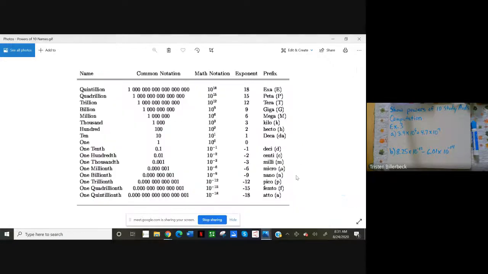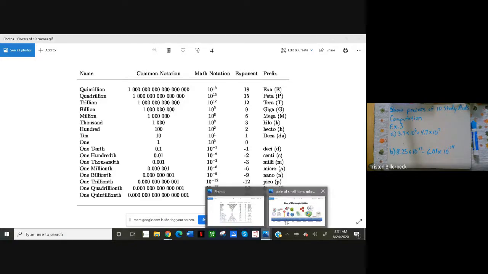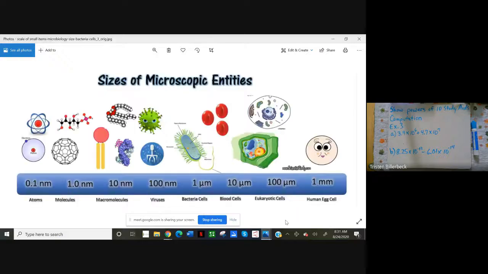Let's look at the name for that one. Okay, so we see the mu. So the mu is micro, 10 to the negative 6th. And nano, we were dealing with 10 to the negative 9th. And then we get into blood cells. So the bacteria is 1/10 of a blood cell.